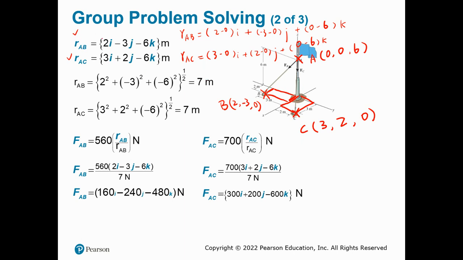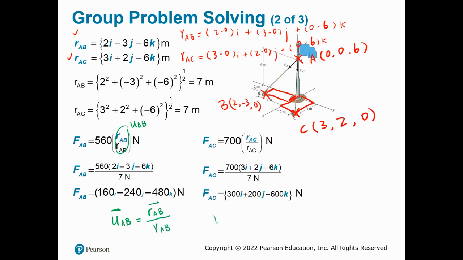So your RAB, let me use a different color, green. One additional step I would like to put here is that this is your unit vector AB. So UAB, unit vector AB, equal to position vector AB divided by RAB, its magnitude.